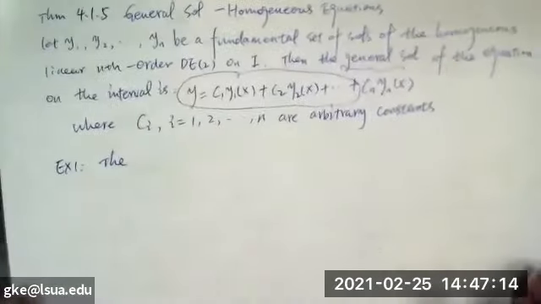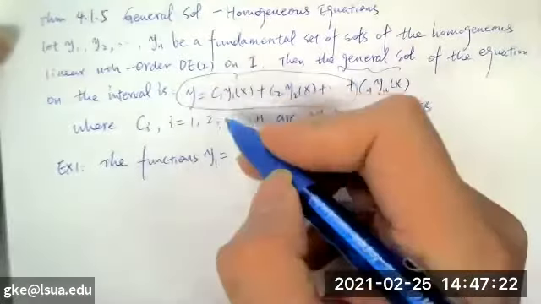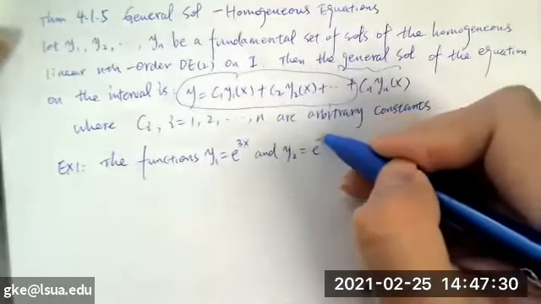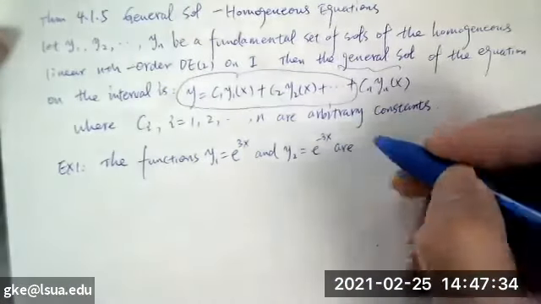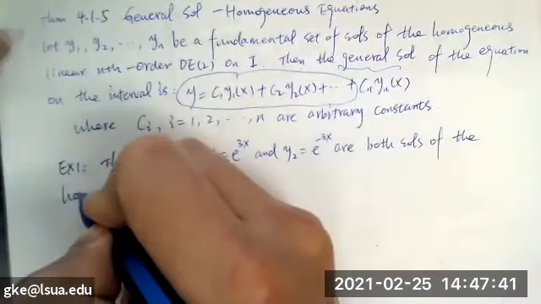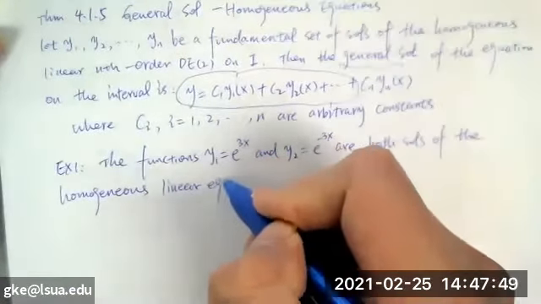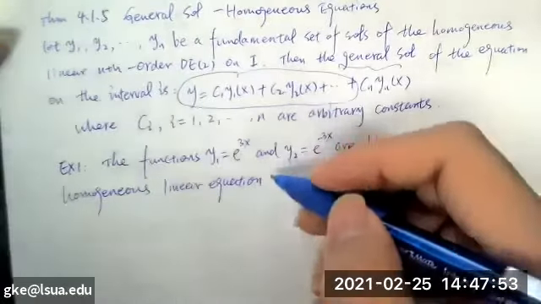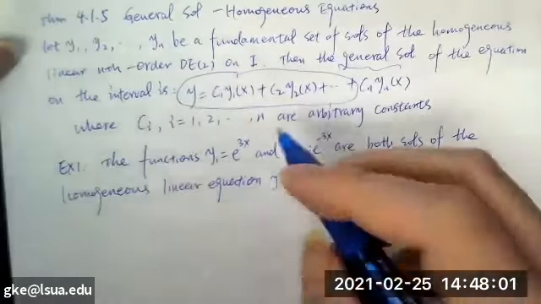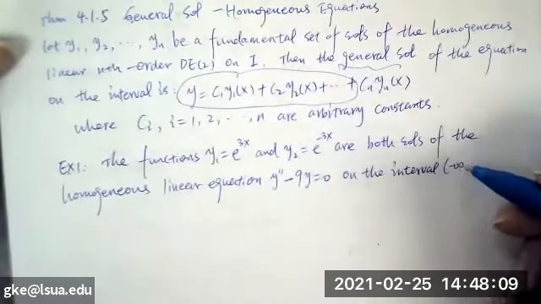The functions y1 are both solutions of the homogeneous linear equation on the interval negative infinity to infinity.